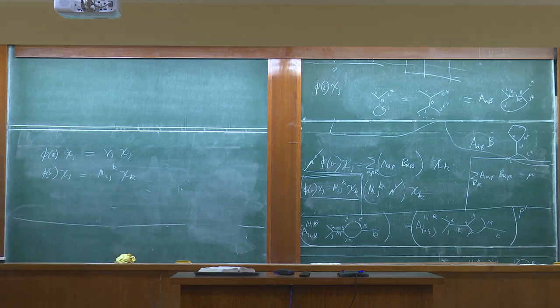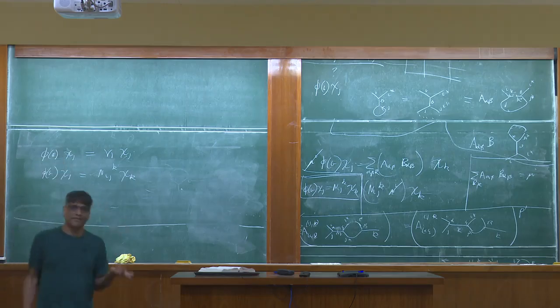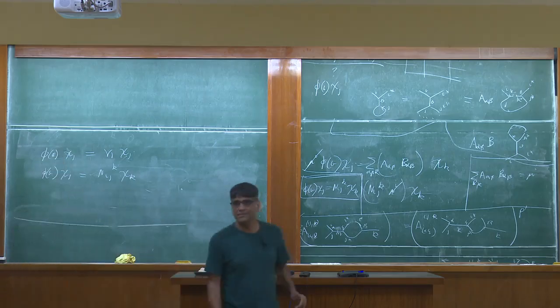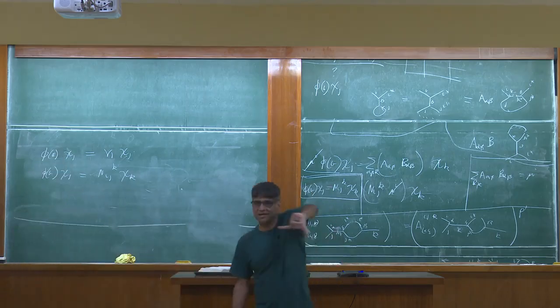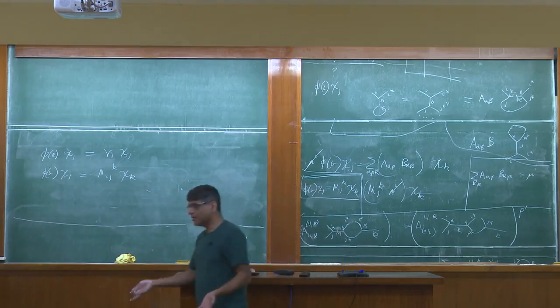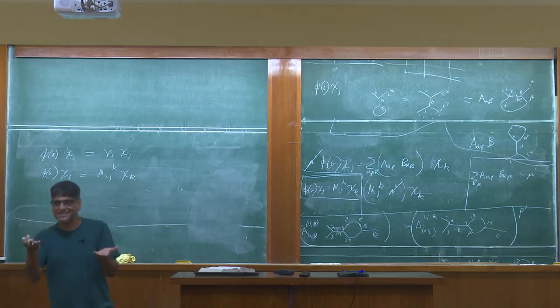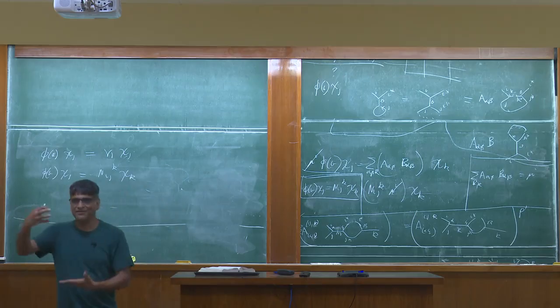Somehow we believe this derivation. But we also know that A and B are interchanged by modular transform, by tau goes to minus 1 by tau. But under tau goes to minus 1 by tau, the characters are acted on by the S matrix.